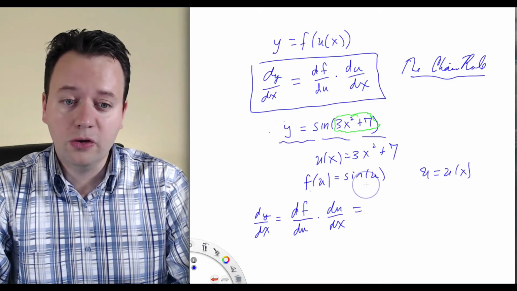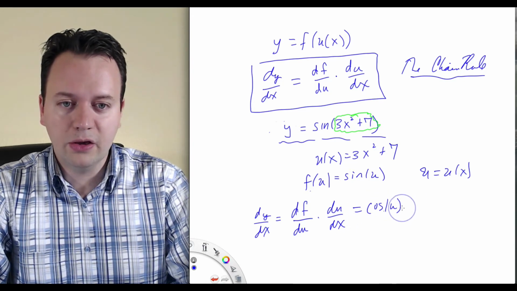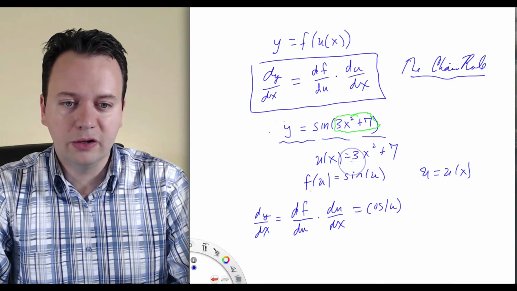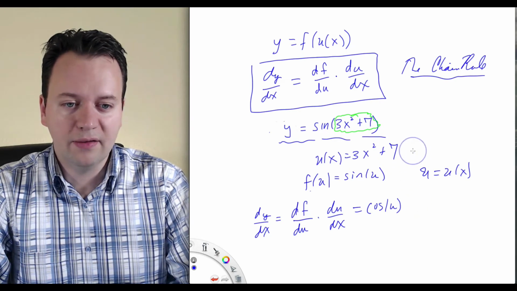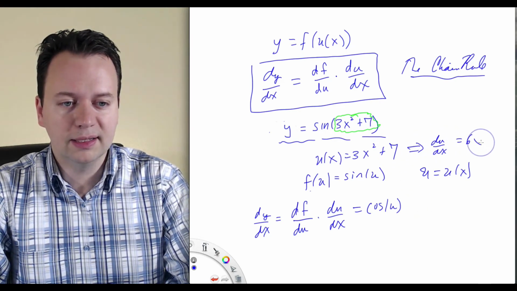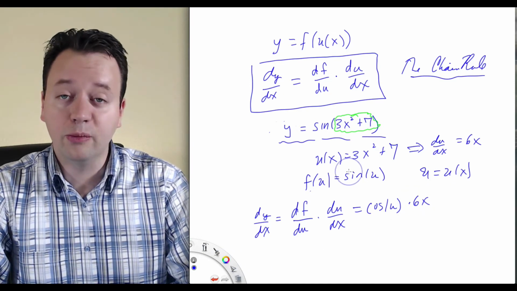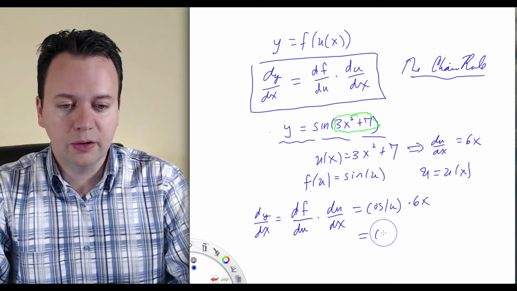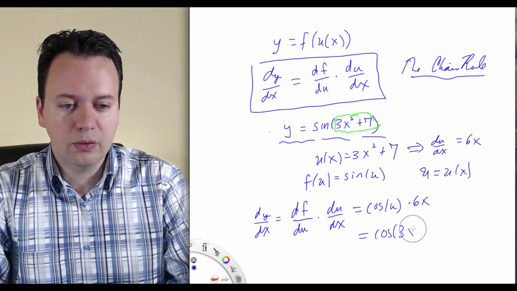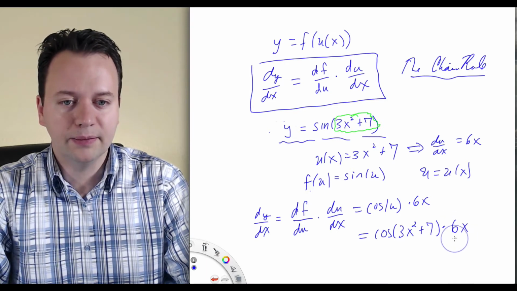Well, for df du, the derivative of sine of u is cosine of u, and du dx is the derivative of 3x squared plus 7, so du dx is just 6x. So it's cosine of u times 6x, and then of course we plug back in u of x, so it's cosine of 3x squared plus 7, times 6x.